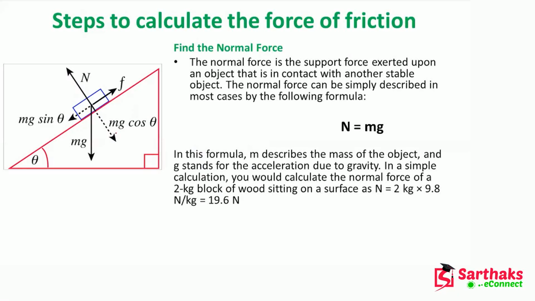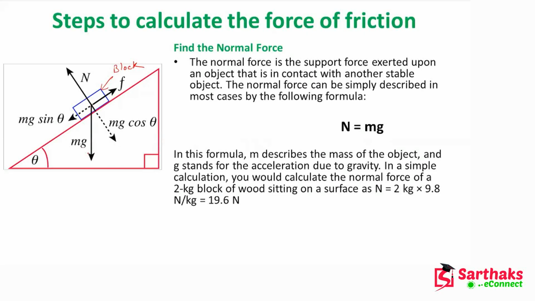Here in this diagram, you can see that this is a slanting surface, and here the theta angle is there. Now we know that this will be the block or body. If I want to slide this block down, whenever it is at rest, there will be some forces acting on it.